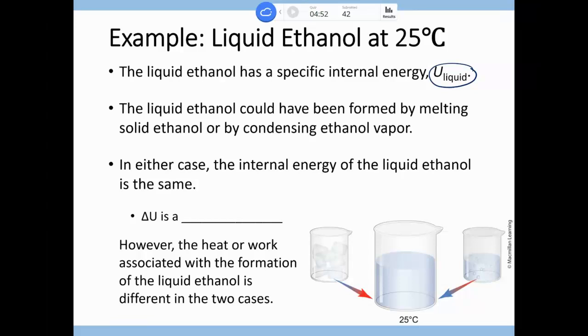This liquid ethanol can be formed by melting solid ethanol, so starting at the solid, melting to the liquid, or taking gaseous methanol and condensing it. In either case, the internal energy of the liquid ethanol is the same. So the internal energy, whether you're starting with a solid or starting with a gas, the internal energy of the liquid is the same. So not delta U, but U is a state function.